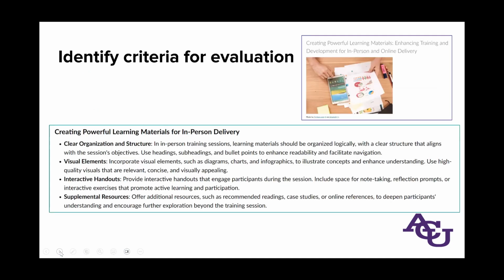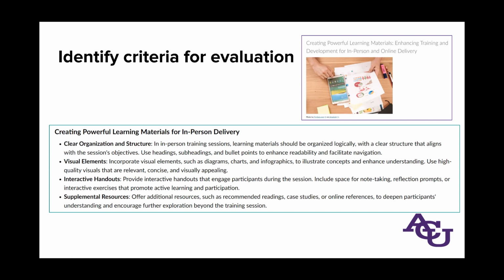And if you scroll down the page, you're going to find some criteria for evaluation that may be helpful to apply to the training manual that is given for this assignment. It refers to creating powerful learning materials for in-person delivery. It mentions clear organization and structure. In in-person training sessions, learning materials should be organized logically with a clear structure that aligns with the session's objectives.